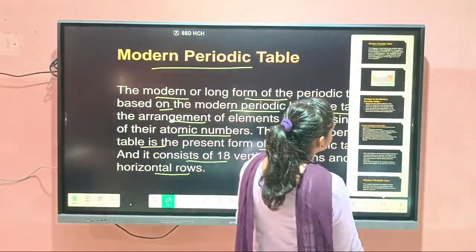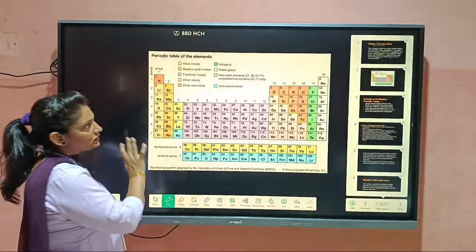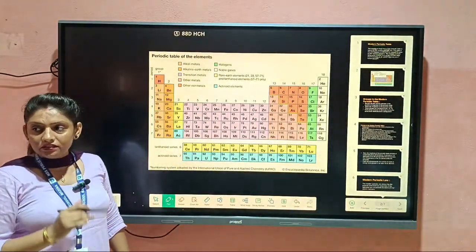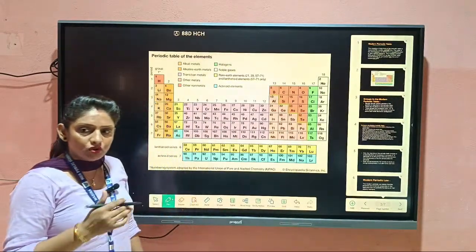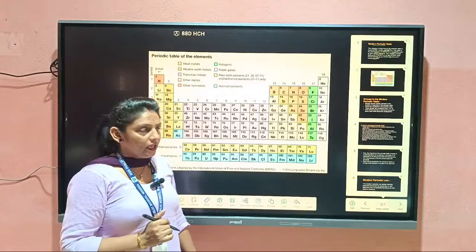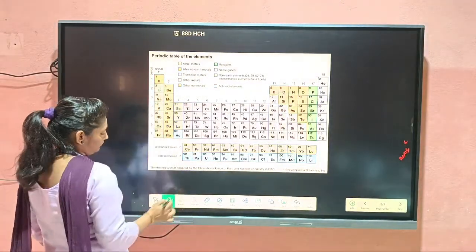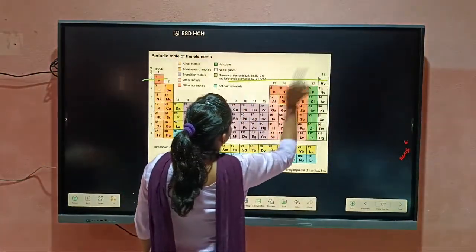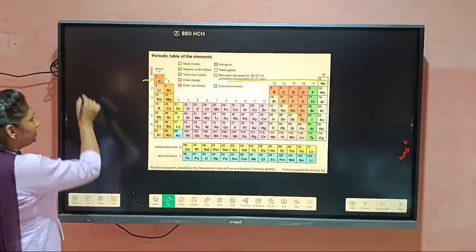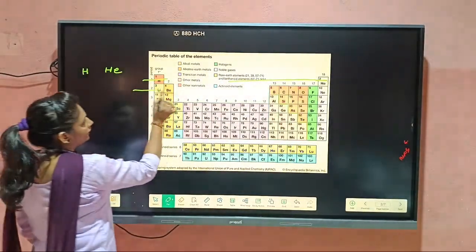You can see here, this is the modern periodic table. It is also known as the long form of the periodic table. It is based on the modern periodic law. Here are 7 horizontal rows. The first one is this. Here only 2 elements are present, hydrogen and helium. This one is second.